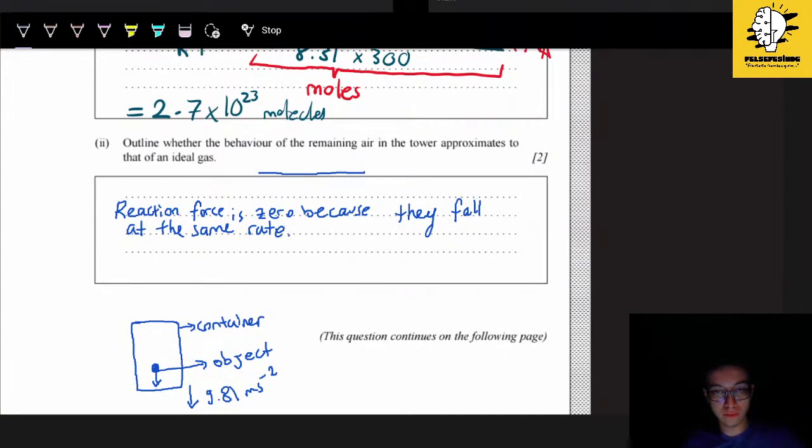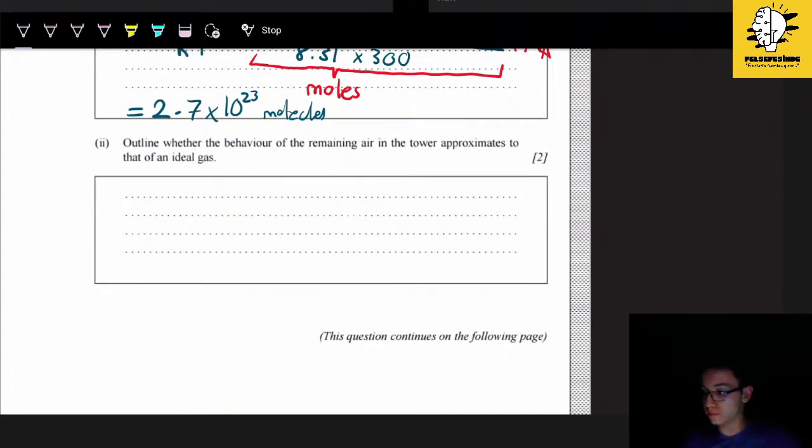Okay, let's clear this. So it's asking outline whether the behavior of the remaining air in the tower approximates that of the ideal gas. So guys, let's quickly review the ideal gas. Okay, Murat, please correct me if I make any mistake. Ideal gas.